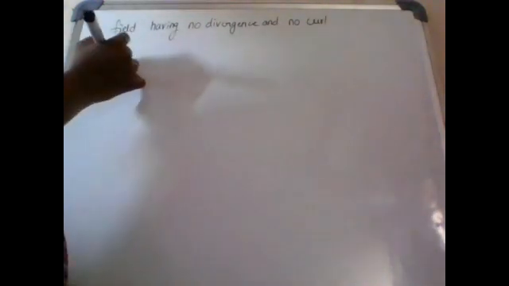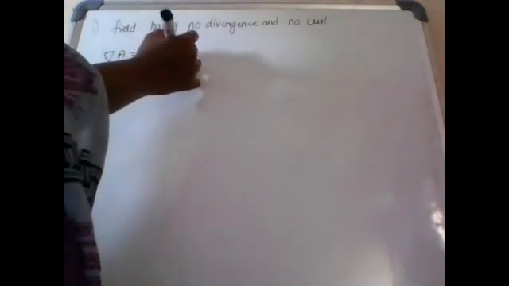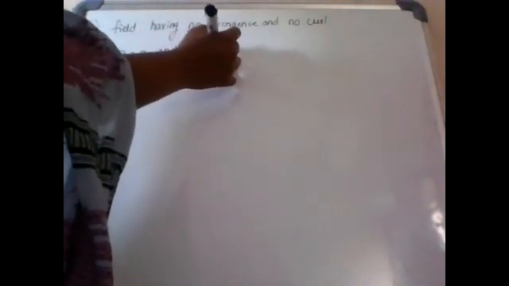In this case, del dot A equal to 0 and del cross A equal to 0.